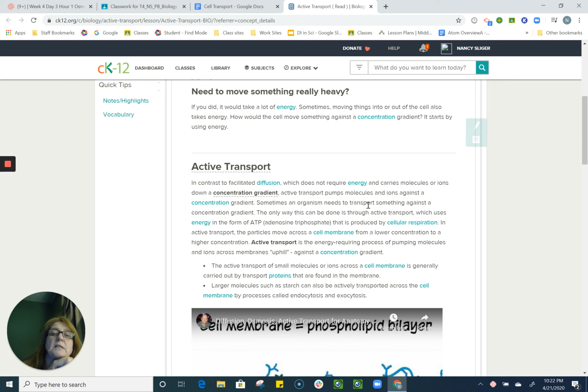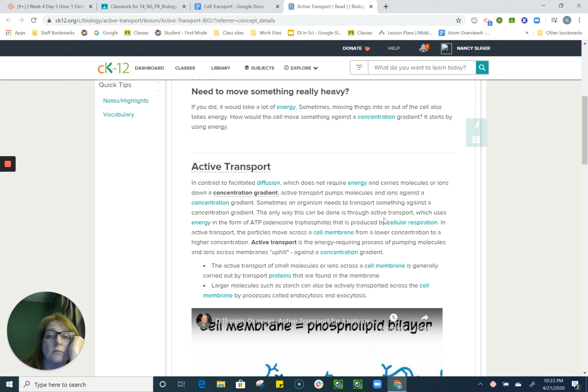Sometimes an organism needs to transport something against a concentration gradient. That means, normally in natural settings, things move from high concentrations to low concentrations. Here it may be a low concentration and it needs more of something else, so it's going to make it move into a higher concentration. It's going to make it move opposite of what normally happens.